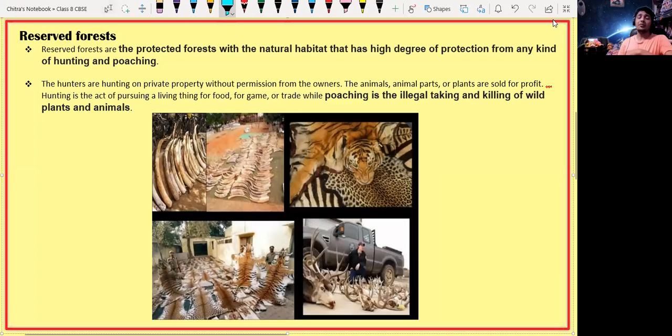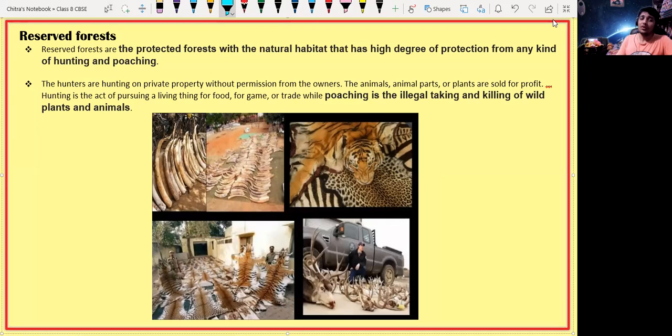Now we are going to discuss the reserve forest, which is provided by the government of India, or maybe by different countries also. They are providing that particular habitat area where animals and plants can be conserved.